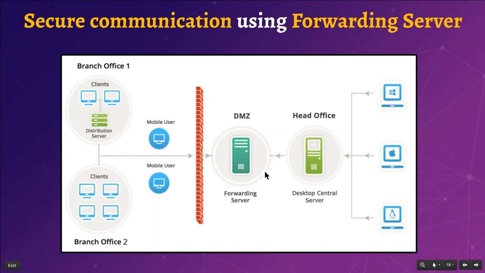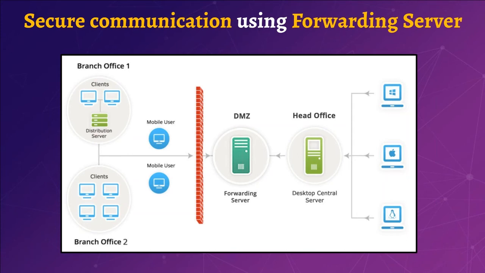So forwarding server brings in an additional server in between the main server and all the remote office client machines. So any communication between these roaming agents or any remote office agents should be routed only through this forwarding server. So this brings in a secure communication layer between the main server and the roaming agents. So this will be very useful if you have concerns in exposing a main server to internet or having constraints in placing the main server in DMZ.